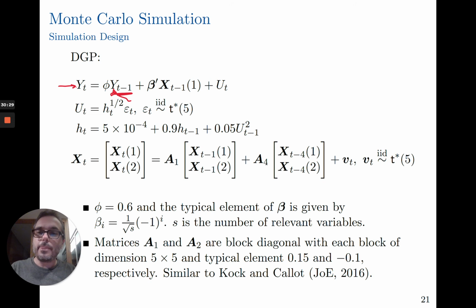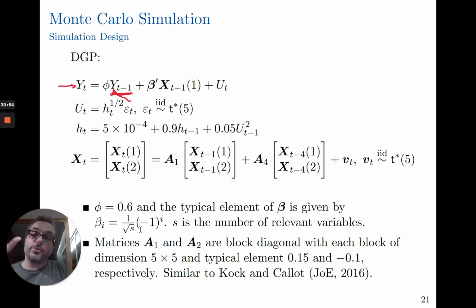Okay? And the x's are divided into the relevant and the irrelevant, and they all follow a VAR of order 4, also with t-distributed errors. We are setting phi equal to 0.6, and this vector beta is given by this expression here, where s is the number of relevant variables.